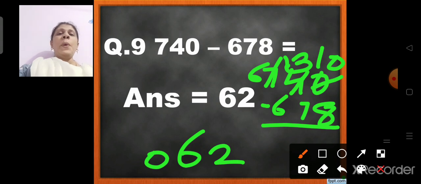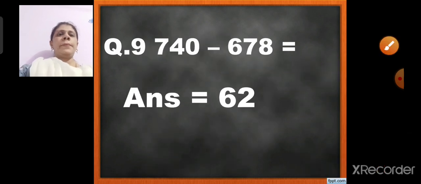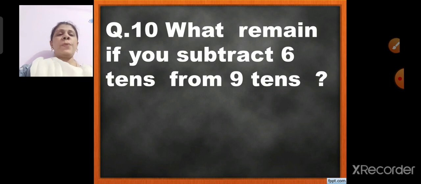That is correct. When I subtract 740 minus 678, I get my answer 62. Children, in mental maths, you have to do your sums mentally. But to make you understand how you are going to do the subtraction, I am showing you the working of the sum.